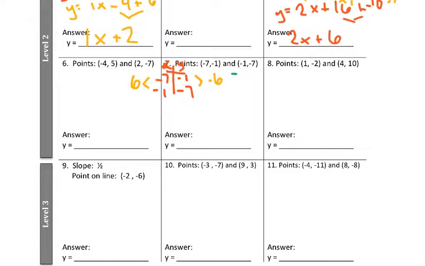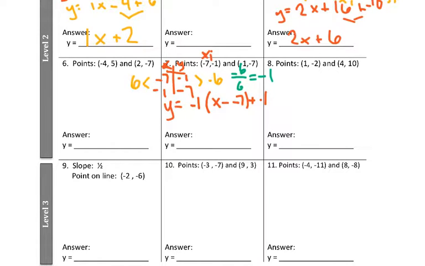So my slope is going to be negative 6 divided by a positive 6, which equals negative 1. So my equation, I know, equals y equals negative 1 is my slope, parentheses x minus, you could pick either x number, I'm just going to stick with this one as my x1 right here, x minus negative 7 plus negative 1.